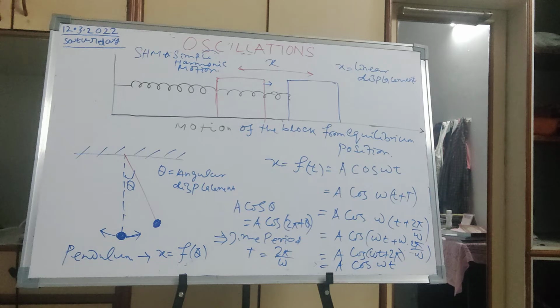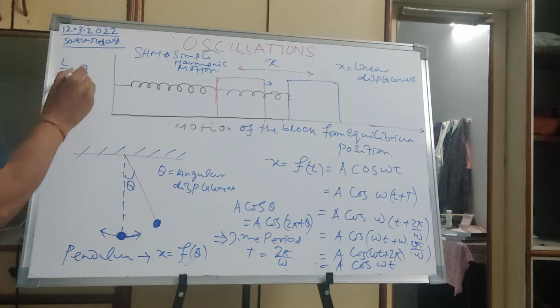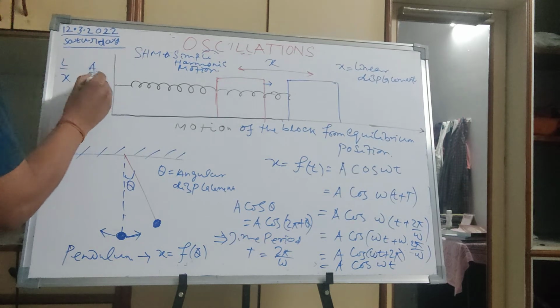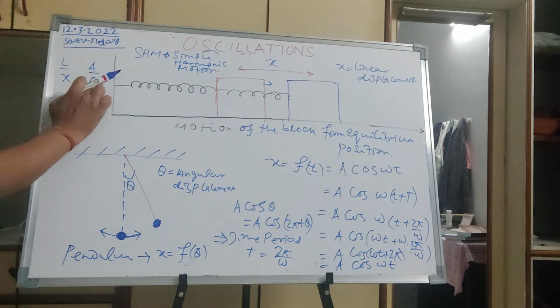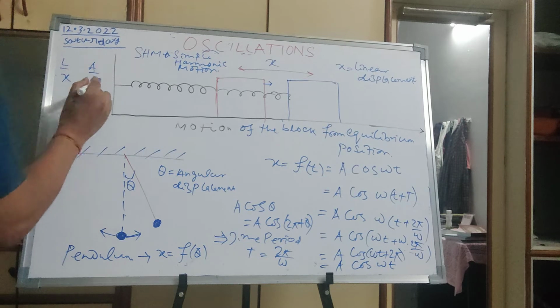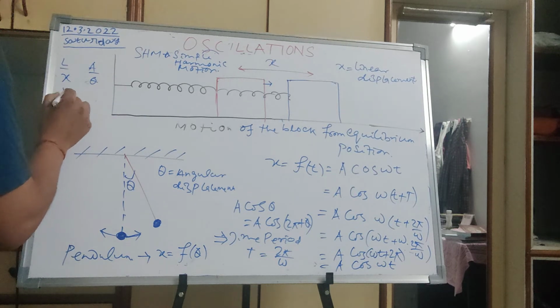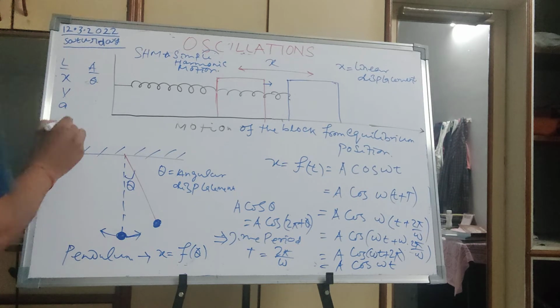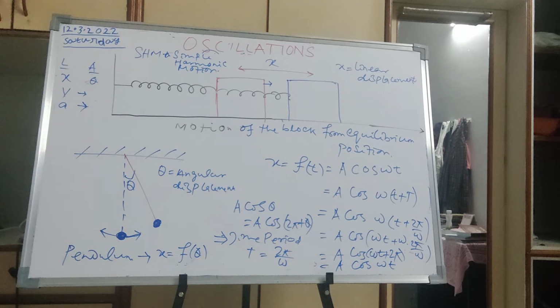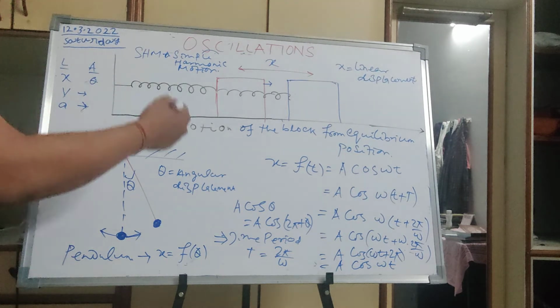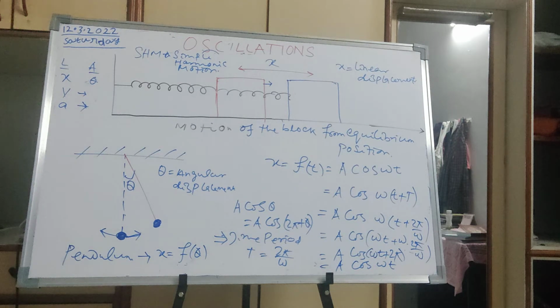So in linear it is x, in angular it is theta. That is displacement. Similarly, for velocity, for acceleration, for everything there is a corresponding quantity in angular motion also. So we are giving two examples. One is linear motion, one is angular motion.